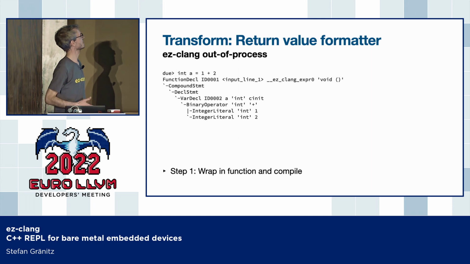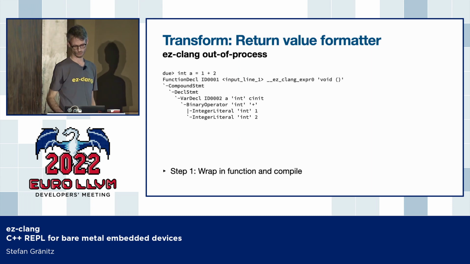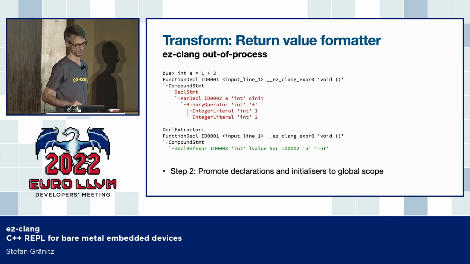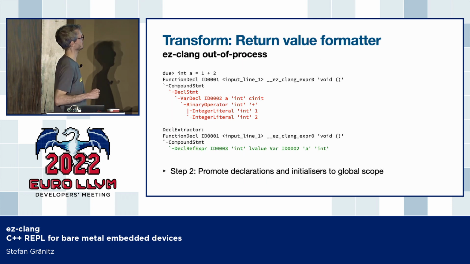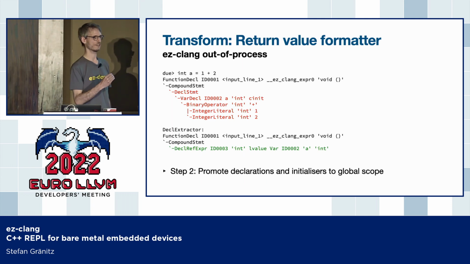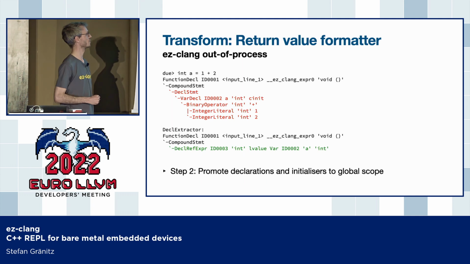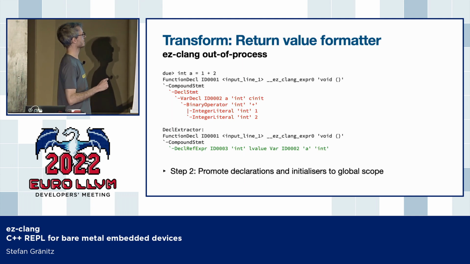So we have a variable declaration A and an initializer with a binary operator inside. And the second step would be to promote the declaration and the initializer to the global scope of the module and replace the use in the function with a reference.